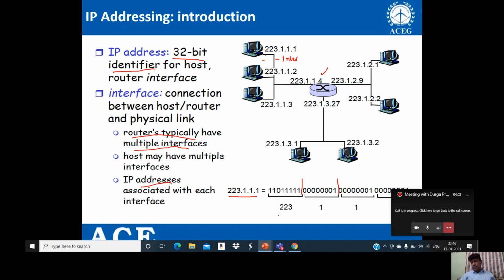Here you could find an IP address, for instance 223.1.1.1, which is a 4-byte or 32-bit address in which each byte is separated by a dot. So this is one example of a network with each host device as well as the router given different IP addresses.